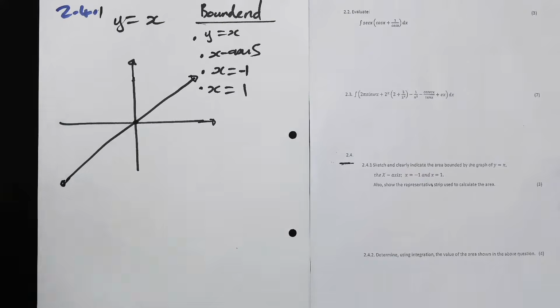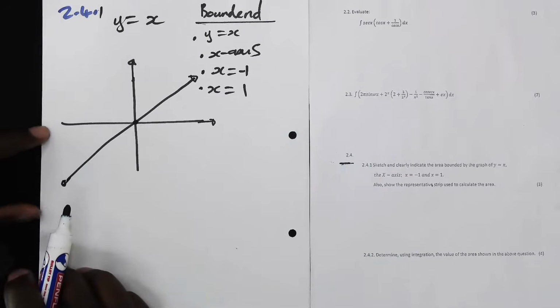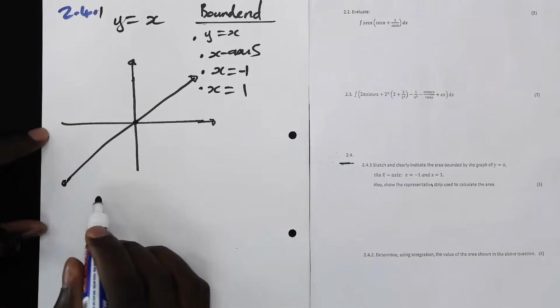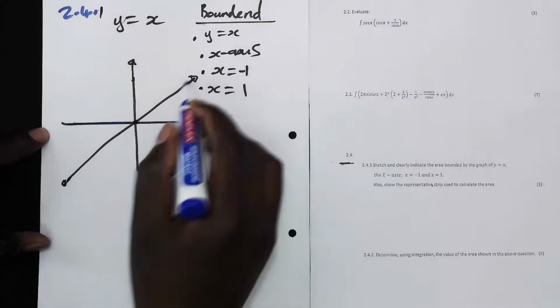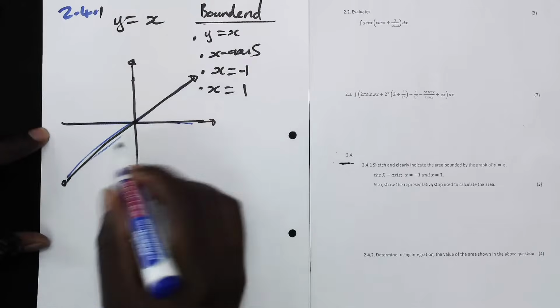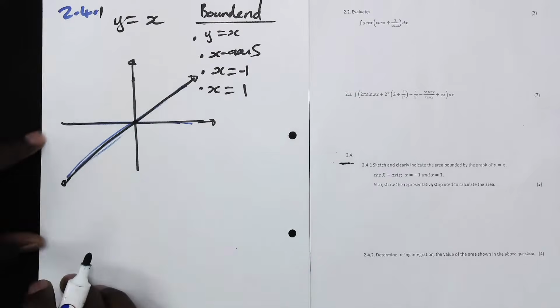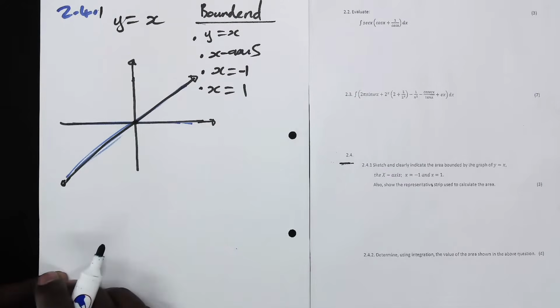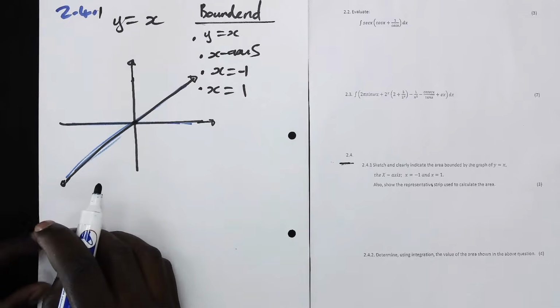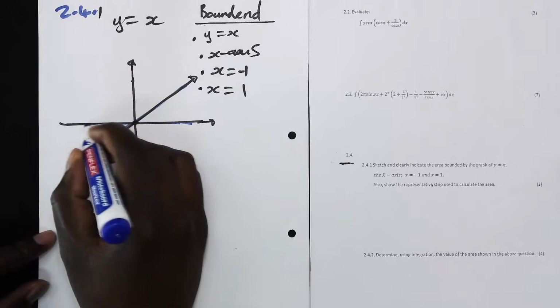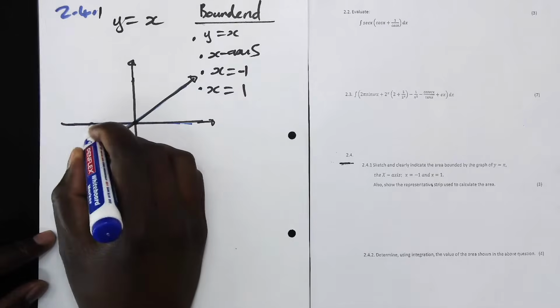So let's read the question again. It says we need to clearly indicate the area bounded by the graph y equals x, the x-axis, and is bounded by the line y equals x. Number 2, by x equals minus 1. So let's say here maybe it's half.